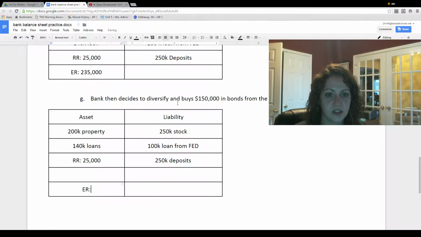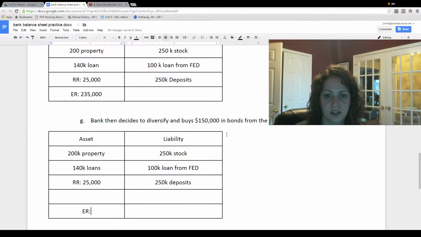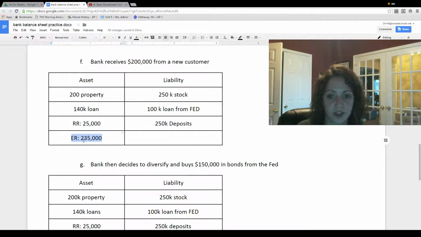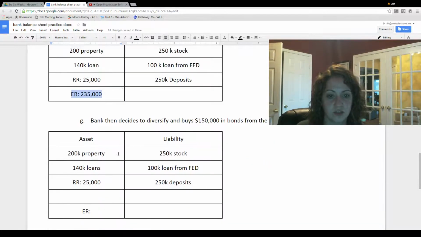The bank decides to diversify and buy $150,000 in bonds from the Fed. Okay, where are they getting this money to buy bonds from the Fed? Well, they're getting it from their excess reserves. We have $235,000 of excess reserves. They're just subtracting $150,000 of it, and that's going to be an asset for them. A bond, the Fed owes them money with interest, so that's a huge asset for them.